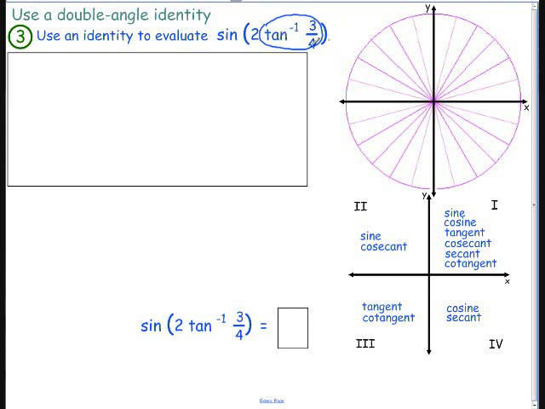It's the angle at which tangent is 3/4. X is 4. Y is 3. So we're here.